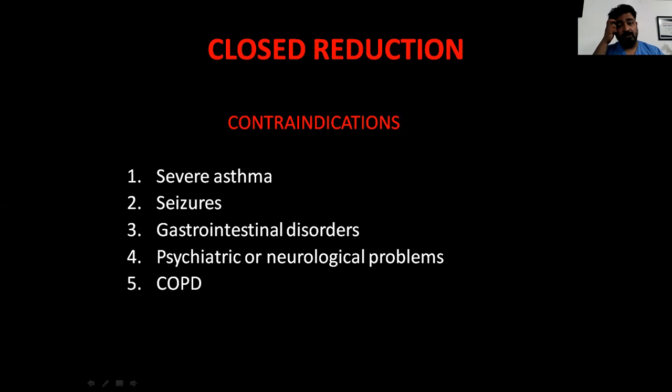In closed reduction, the contraindications are severe asthma patients. Yes, you can't give closed reduction for asthma patients. For seizure patients, gastrointestinal disorders, like when the patient is having nausea, and psychiatric or neurological problems, and patients with pulmonary disease.